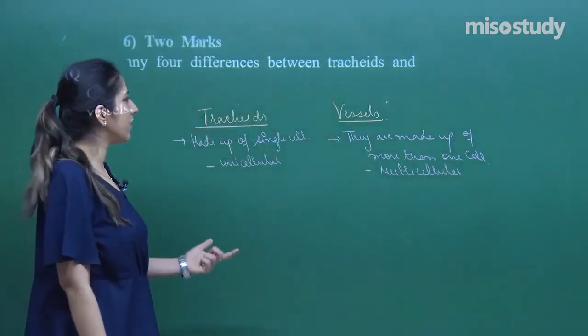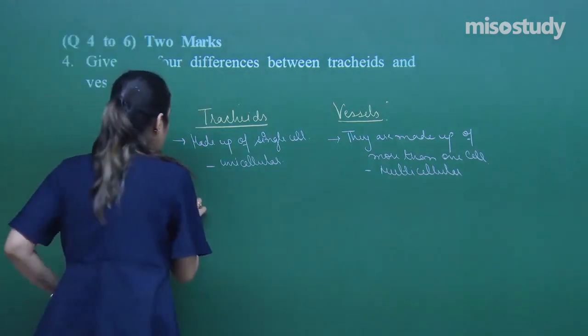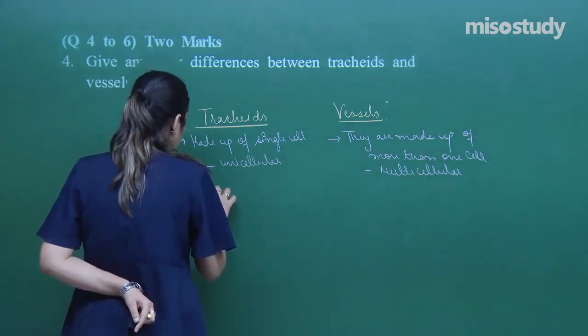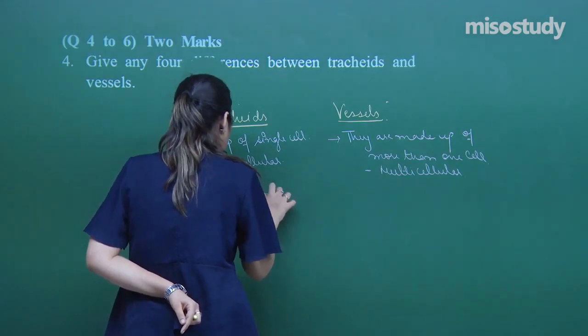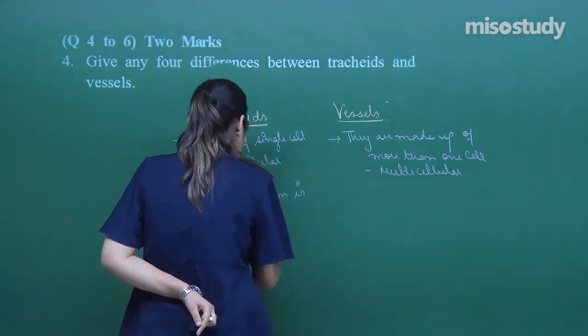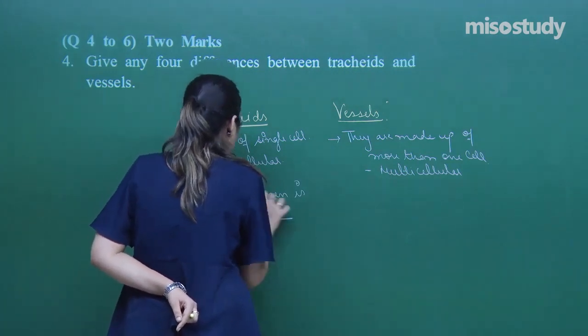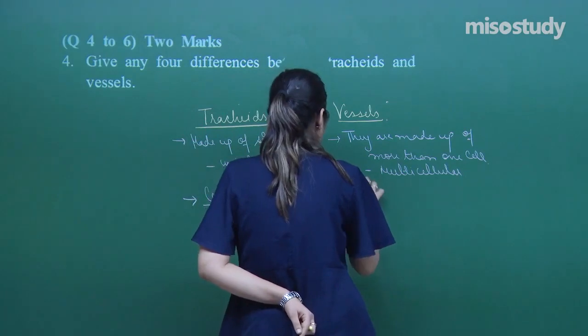Another difference is that in tracheids the lumen is narrow, whereas in vessels the central lumen is wide.